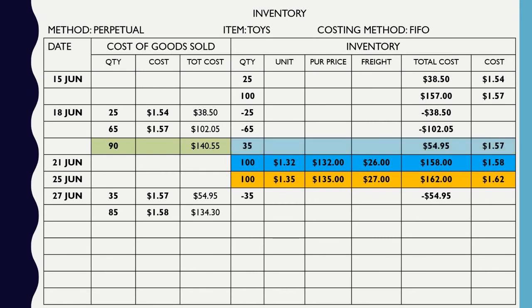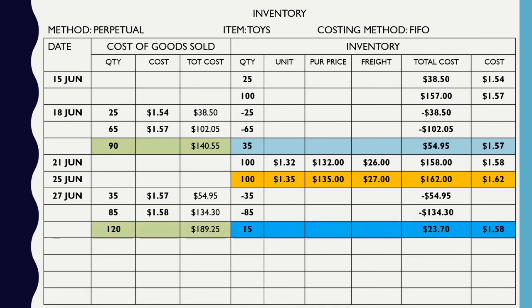And now I need to take away 85 from my blue batch, which gives me a total of $134.30 to take out from my blue batch. So then that's going to give me a total of 15 items left in my blue batch for a total of $23.70. Okay.